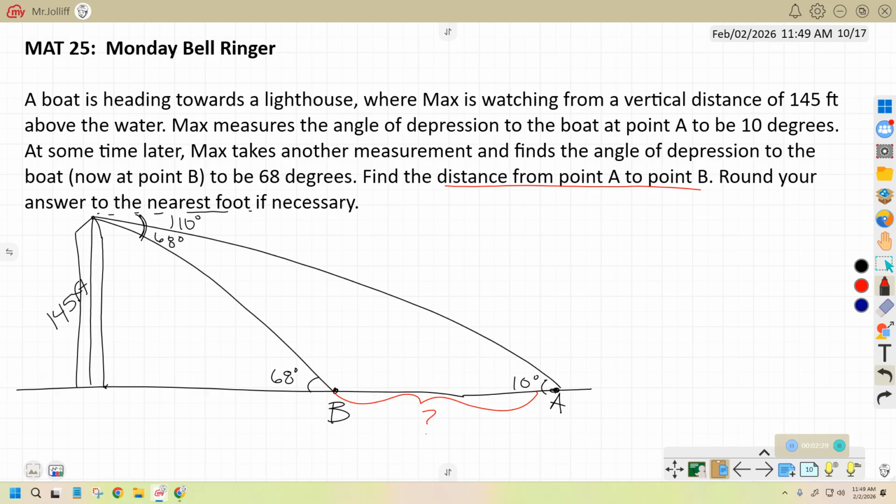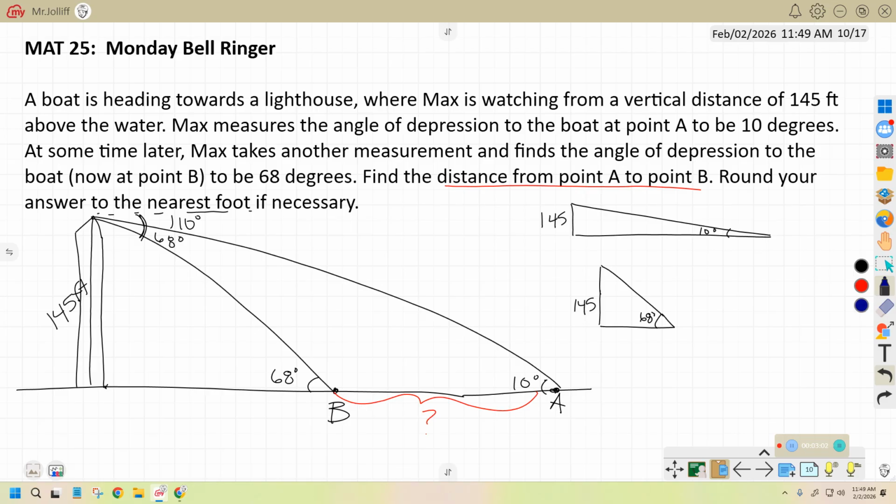My suggestion is we have two right triangles. We have a long, weird, skinny one with 10 degrees and 145. And then we have that same triangle, but now it's, again not to scale, 68 degrees, 145.